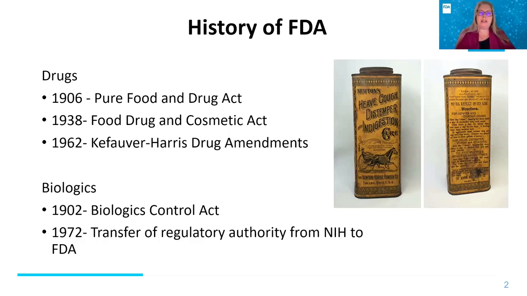It was great, except it had in it an untested solvent, diethylene glycol, also known as the main chemical in antifreeze. Unfortunately, the FDA was not aware of this problem and was unable to remove the product before it had caused the death of hundreds of children.